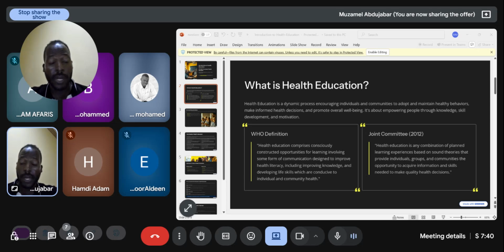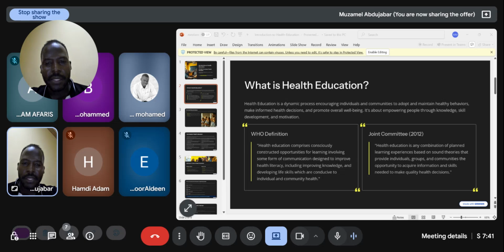The World Health Organization has another definition, and the Joint Committee also has its own definition. Let us see the definition of health education from the WHO perspective.